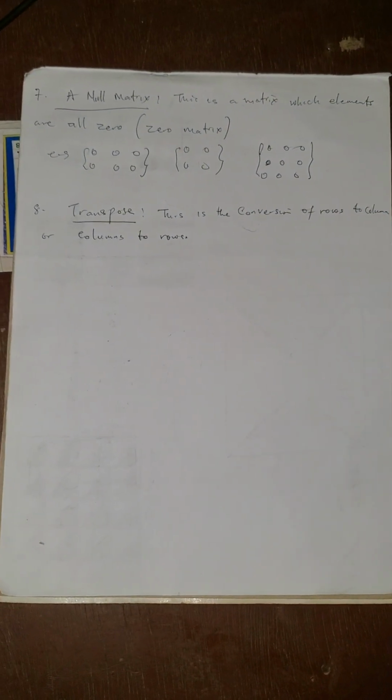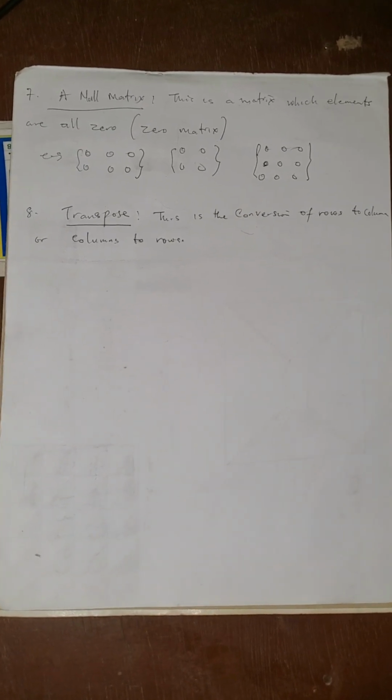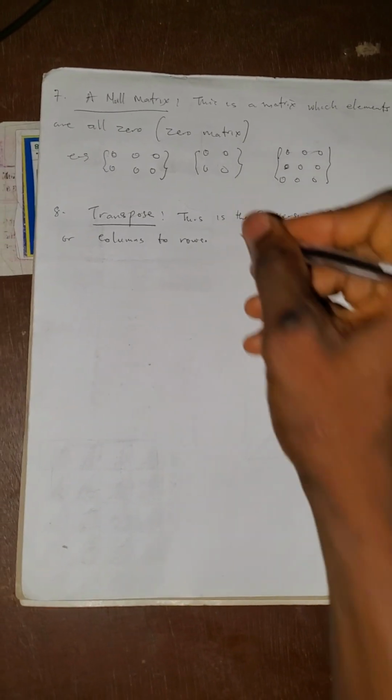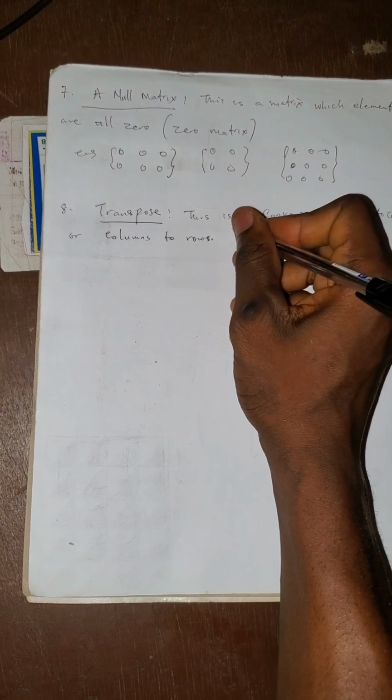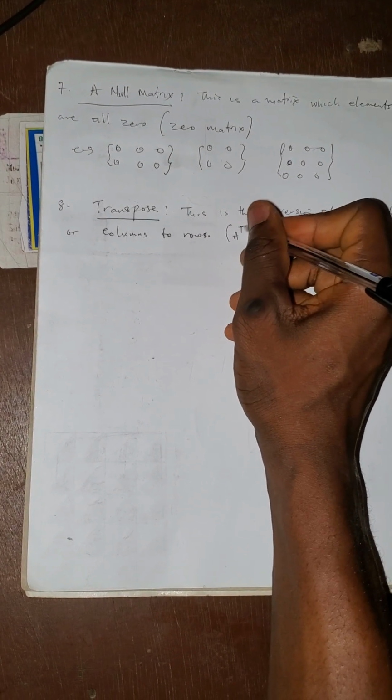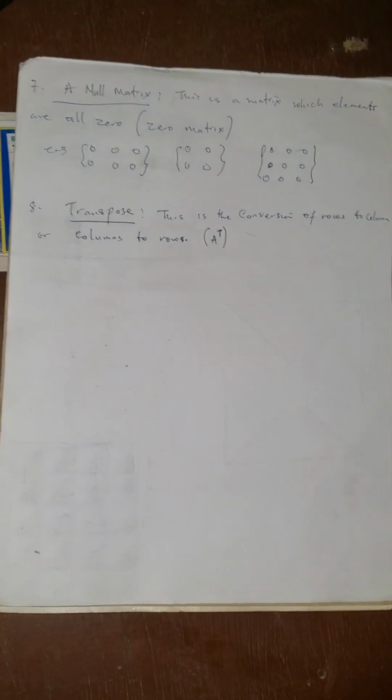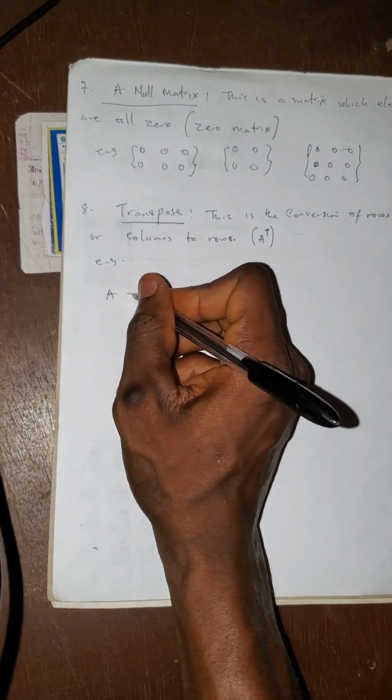This is the conversion of rows to columns, or columns to what? To rows. It is denoted like this. The notation is T.